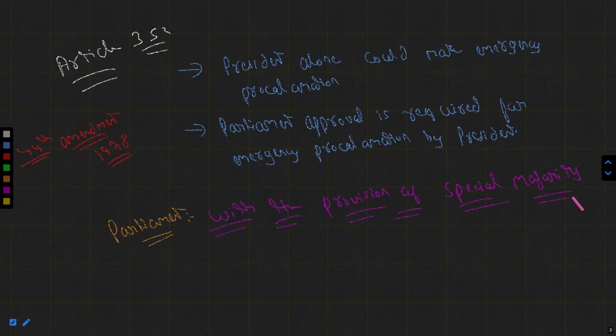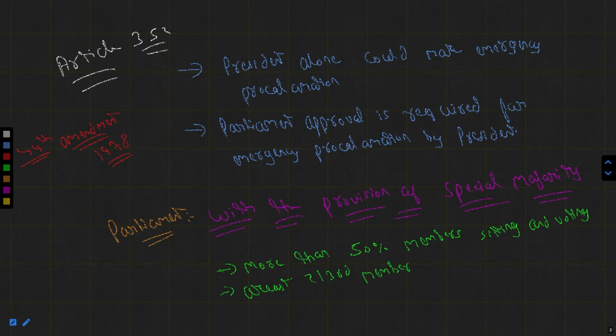A special majority means more than 50% of members sitting and voting, and at least two-thirds of members sitting and voting must be in favor. That is what we had discussed.